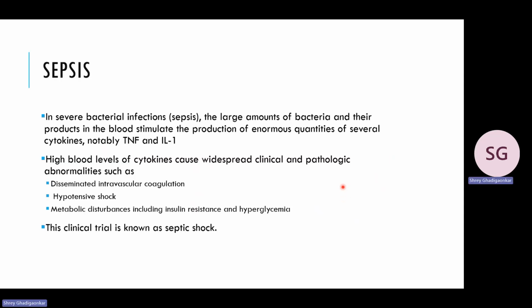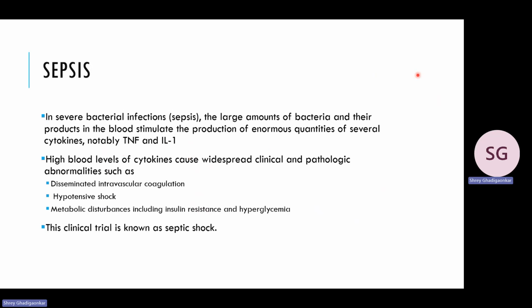So the next thing is sepsis. Sepsis is basically a state that's associated with organ dysfunction due to some kind of infection, usually bacterial. The large amounts of bacteria and their products in the blood stimulate the production of enormous quantities of several cytokines, the notable ones including TNF and interleukin-1.